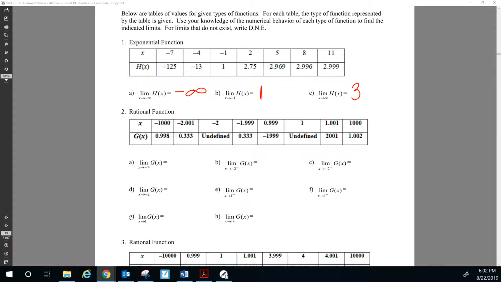Rational functions are a little bit harder to figure out, because what can we have with a rational function? Remember, they're the ones that have 2 pieces to them. They could have 3 pieces to them, something like that. Or maybe something like this, right? It's really making us pull up that pre-calculus to try to figure it out. But keep in mind, we've got asymptotes. That could be happening.